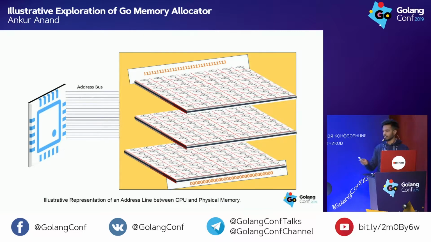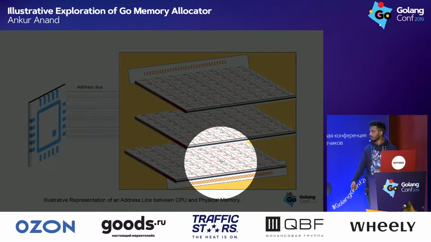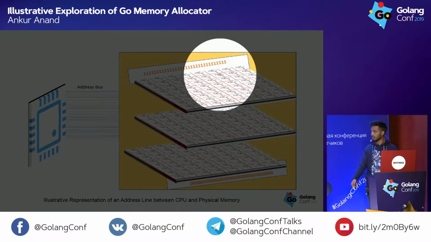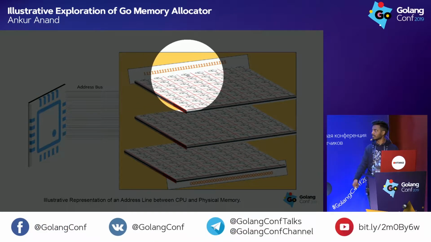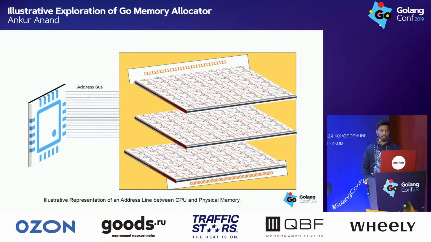On the lowest side, we have the lowest byte address, and on the top, we have the highest address. This is just for illustrative representation. The actual working is quite complex.